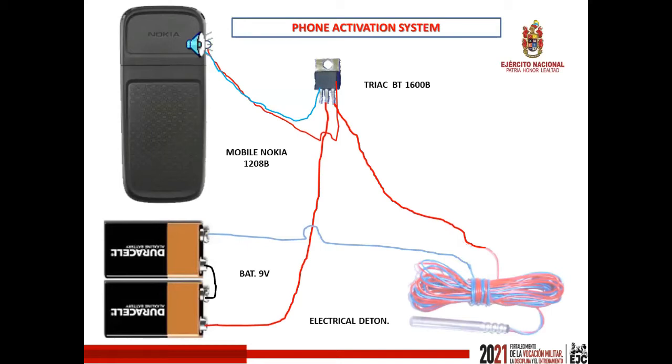So the speaker of the cell phone has the capacity to transmit the current through the circuit and, by means of the batteries, to the detonator. Sufficient current or energy able to activate the detonator and the charge.